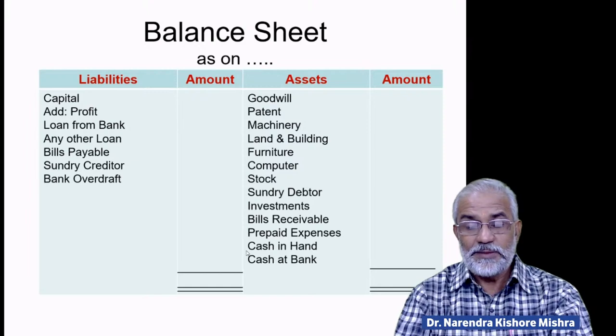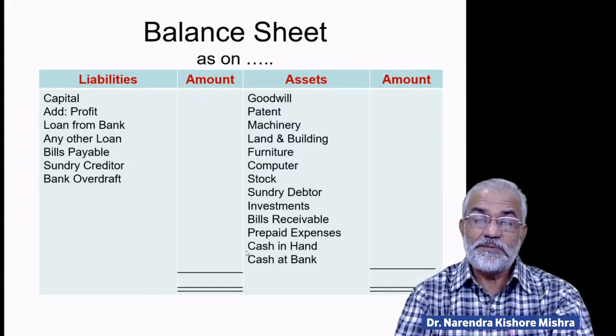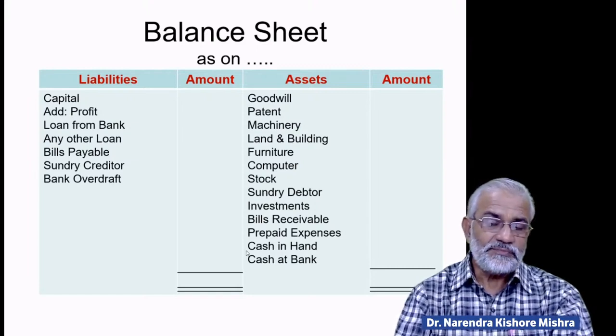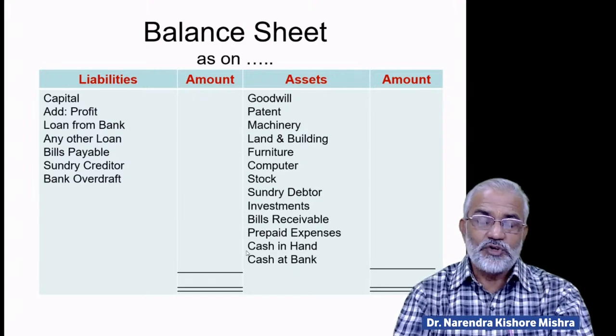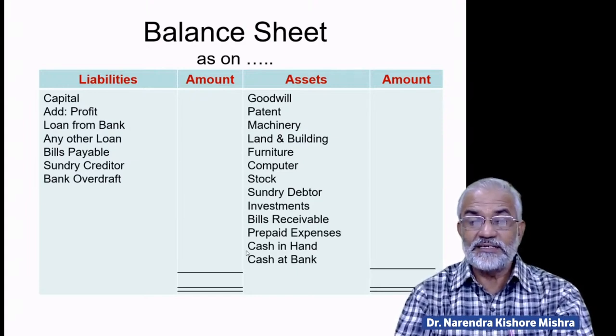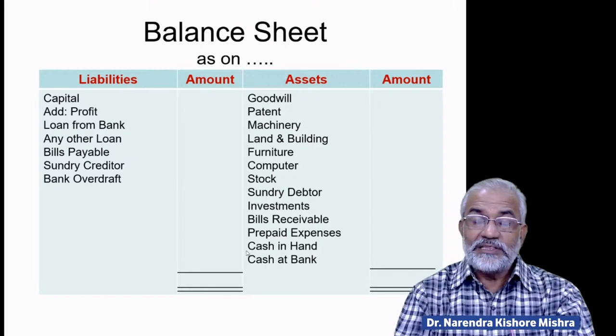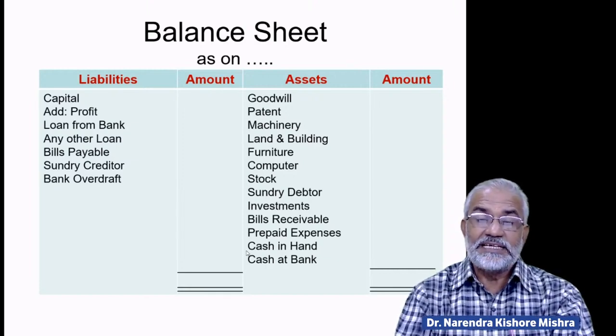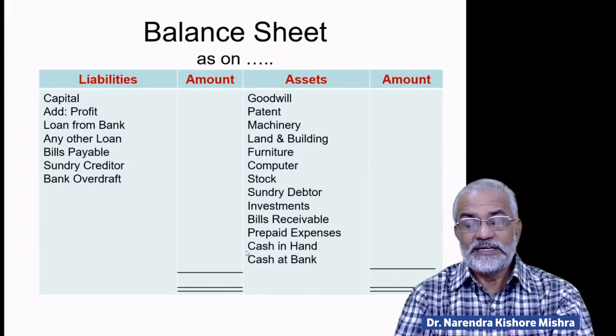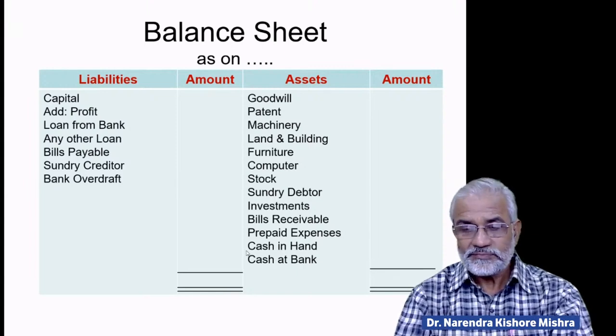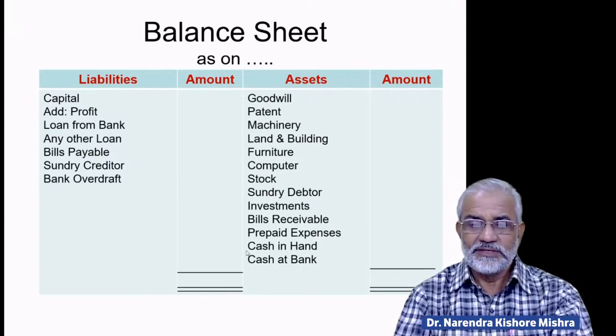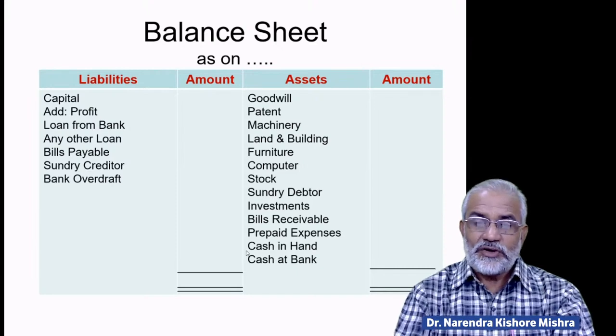That means out of 3 months, 1 month's prepaid rent has been consumed. It will be booked to expenses and it will be deducted from the assets to that extent. Exactly, if all the 3 months have passed, then the entire prepaid expense has been consumed and it will be debited to the profit and loss account and credited to the prepaid expense account. So prepaid expense is also a current asset.